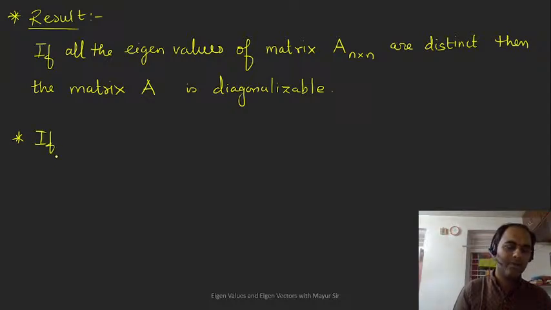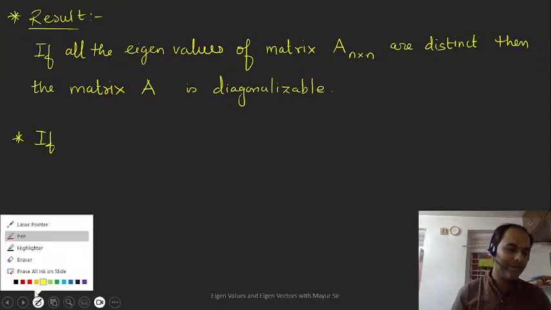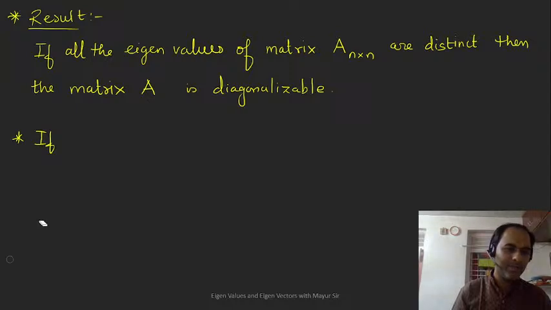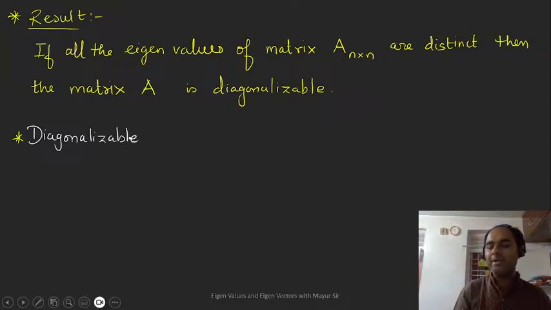If we just write what is meant by a diagonalizable matrix, I'll write a heading here. Diagonalizable matrix. Now see, I am giving you this as a very basic version.